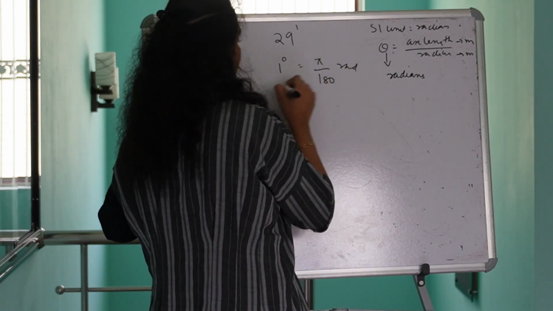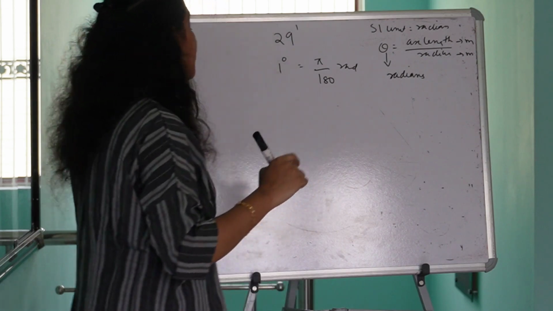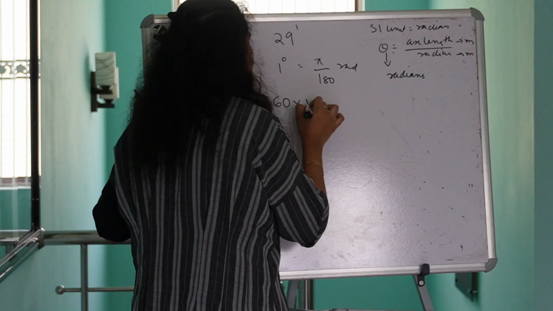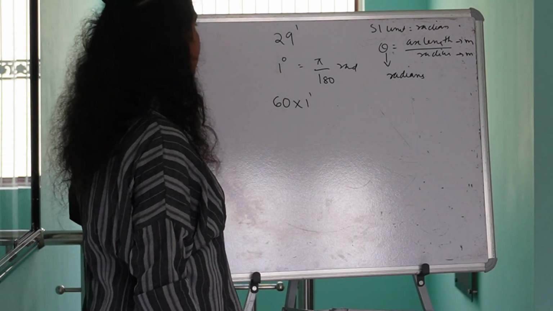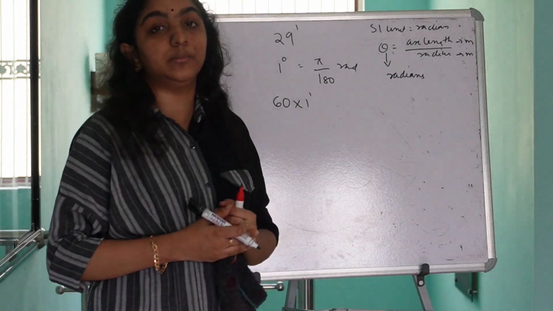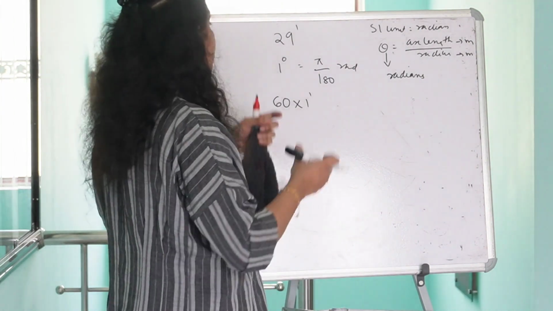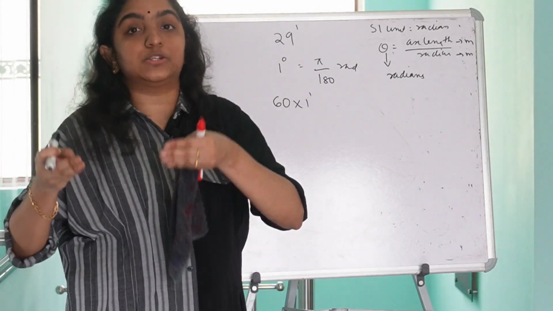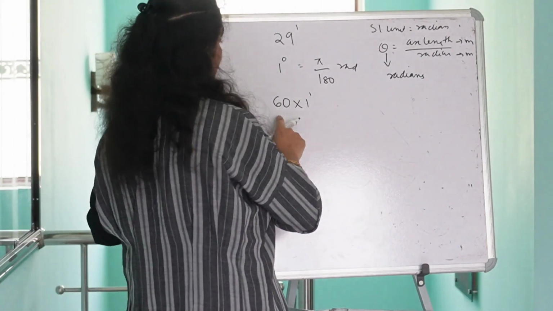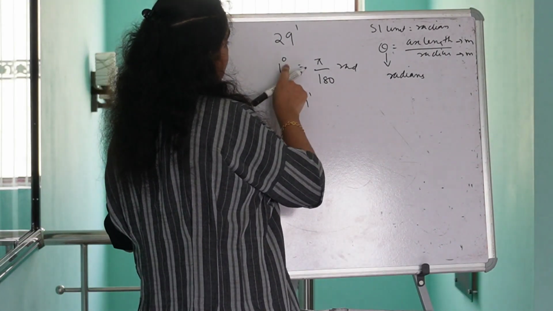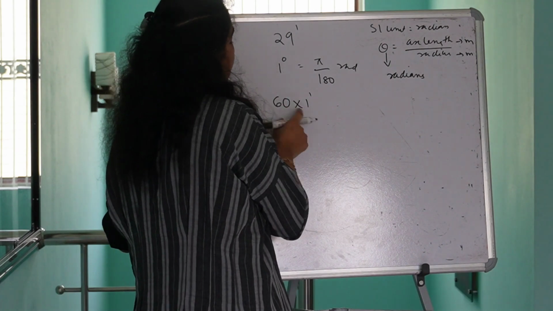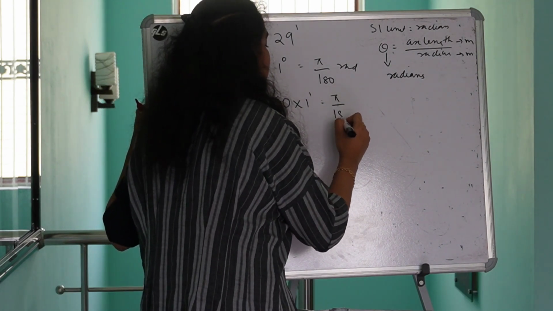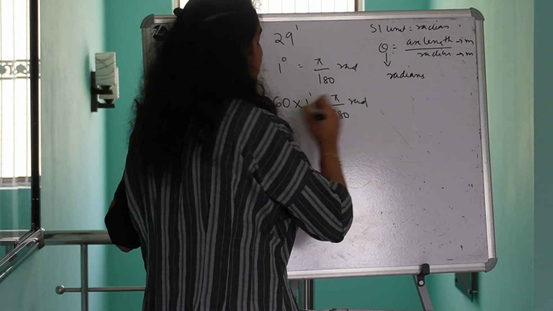And again we know 1 degree is equal to 60 into 1 minute; we can divide 1 degree into 60 equal parts of 1 minute. So I substitute 1 degree by 60 into 1 minute, which is equal to pi by 180 radian.